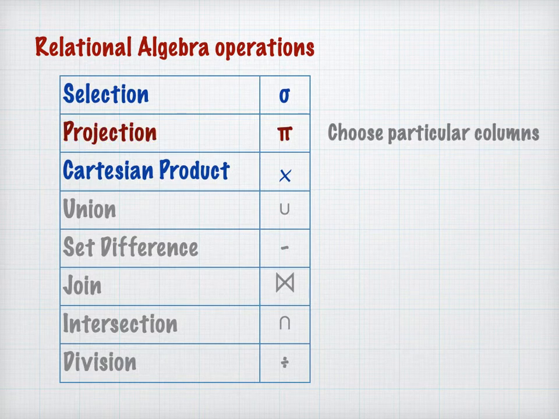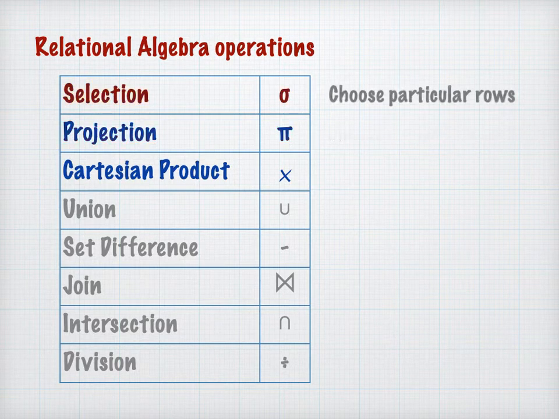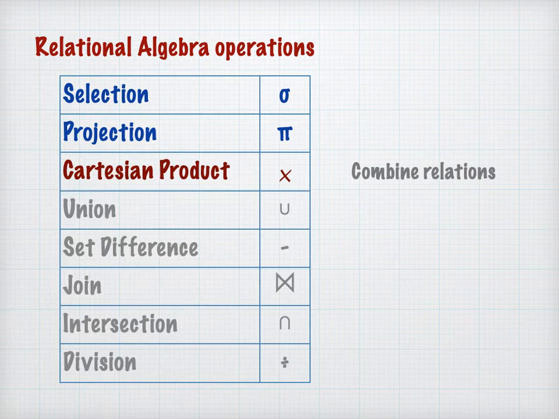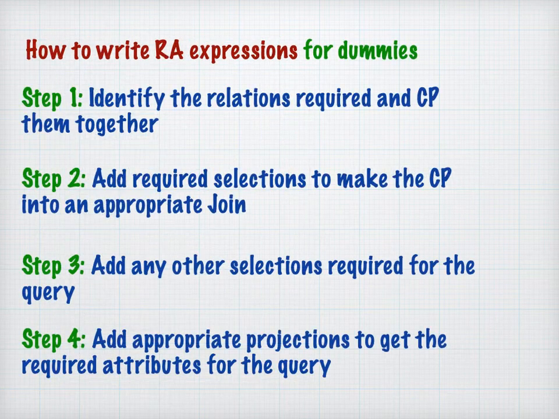A projection obviously gives us the ability to choose particular columns, selection chooses particular rows, and then Cartesian product is being used to combine relations, tables together. And of course what we do is we combine the selection and the Cartesian product to give us that join operation. So here are 4 steps that we can follow.